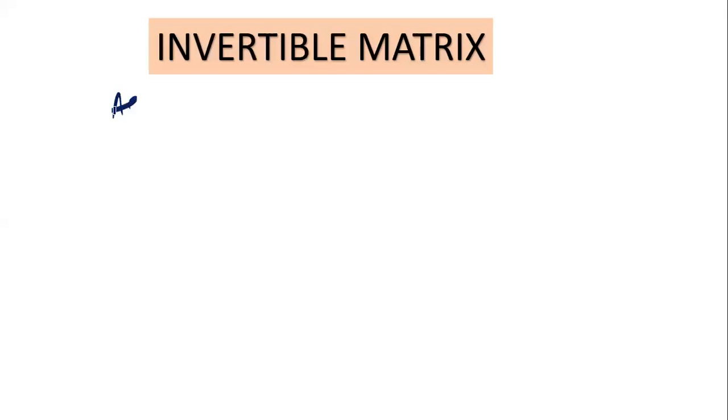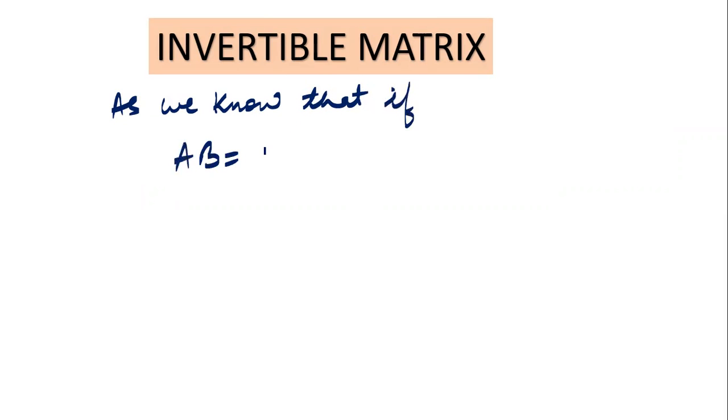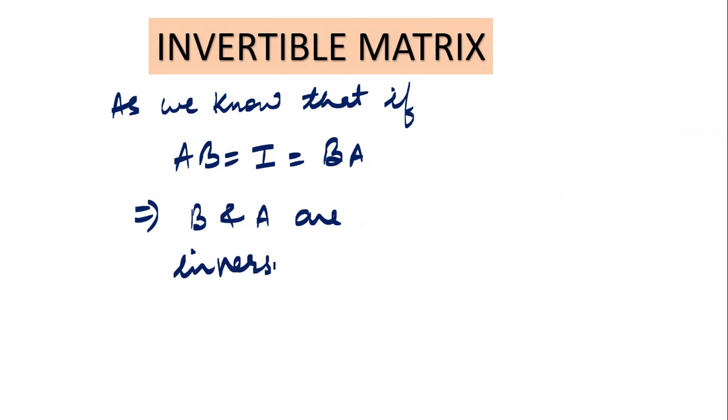As we know that if AB equals identity matrix or equals BA, we say that B and A are inverse of each other.